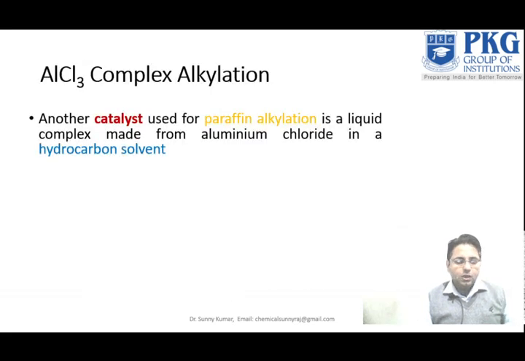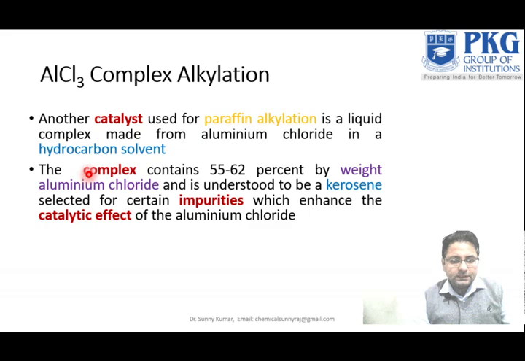So now we will discuss the aluminum chloride complex alkylation. Another catalyst used for paraffin alkylation is a liquid complex made from aluminum chloride in a hydrocarbon solvent. The complex contains 50 to 62% by weight aluminum chloride and is understood to be kerosene selected for certain impurities which enhance the catalytic effects of the aluminum chloride.